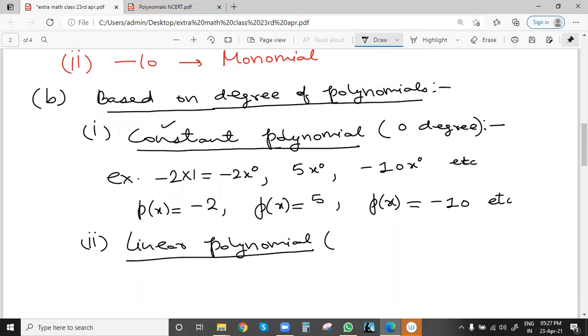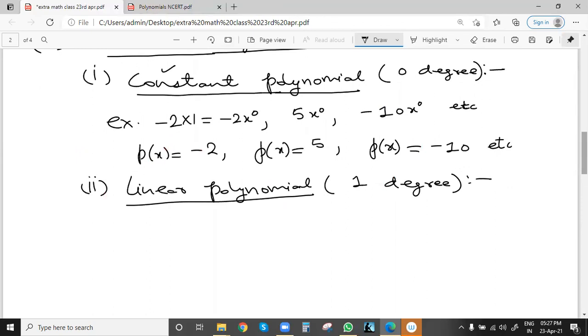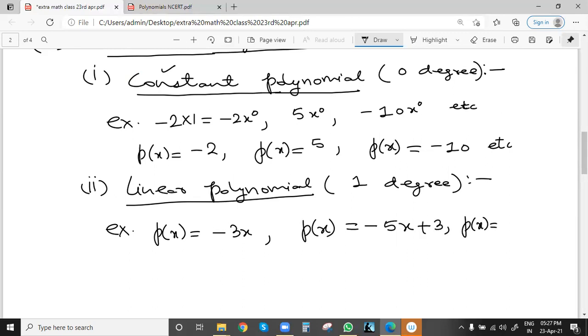For linear polynomial, 1 degree means x to the power 1. p(x) can be written as -3x, where p(x) is a polynomial in terms of x, or minus 5x plus 3, or p(x) we can write as any value, 20x minus 5, etc.